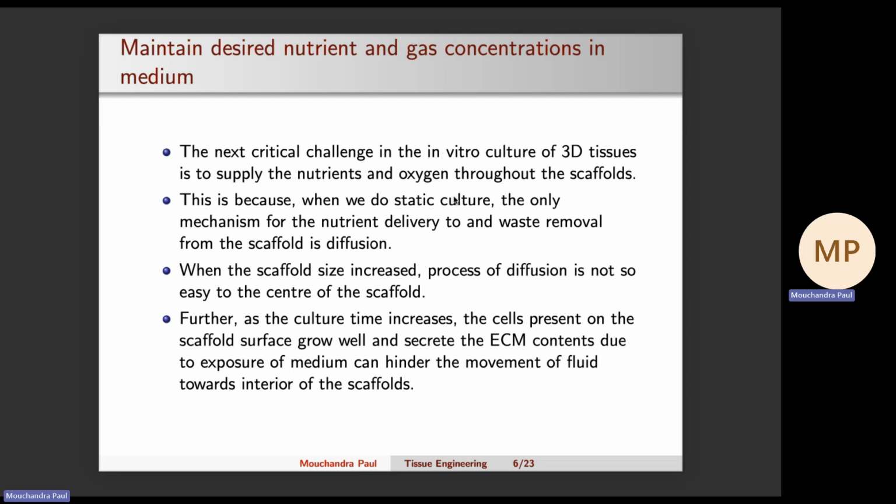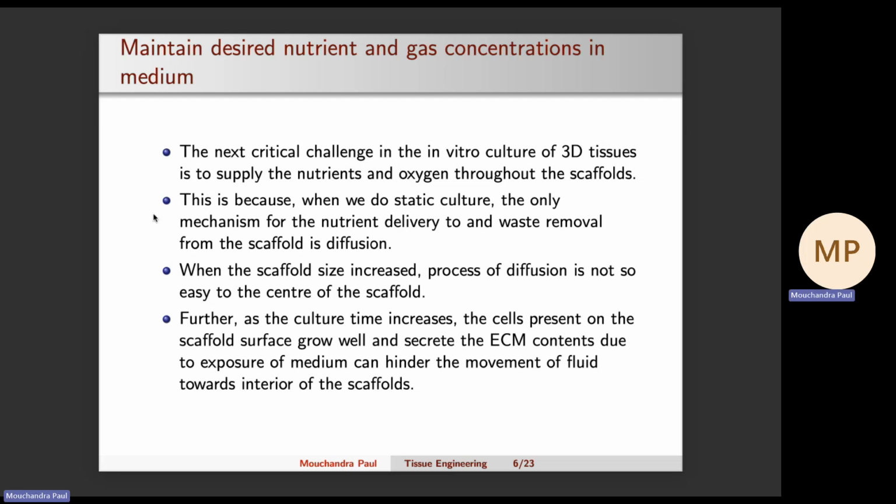You get the point? The continuous removal of waste and continuous supply of nutrients will make sure that the cells are always in a proliferative condition, meaning at the exponential phase. That again will help in reaching higher cell density. So that is the idea behind using bioreactors to achieve this particular goal. So this is one thing.